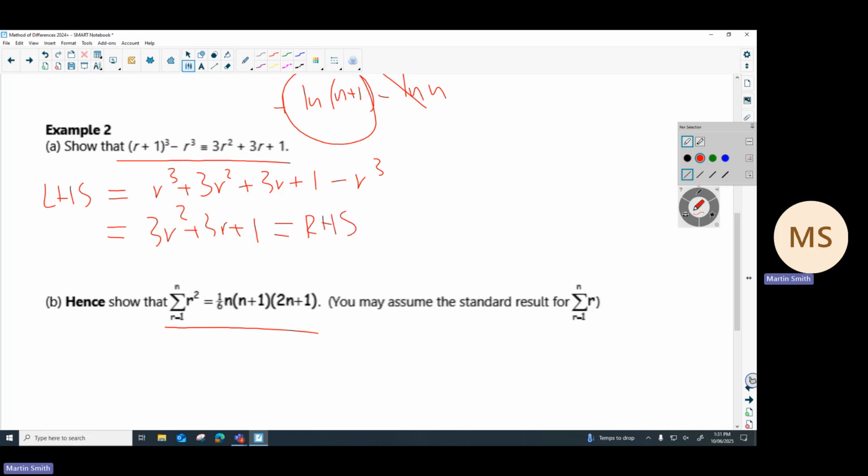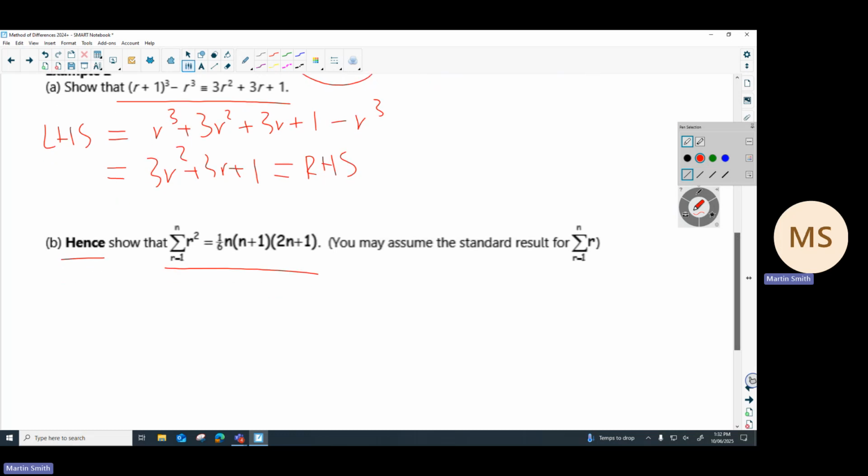Now what I'm going to do is, hence, using this, prove this formula for the sum from r = 1 to n of r squared. Now how I'm going to do that is the following. I have got an identity, two expressions which are the same. So the sum of the terms generated by the left-hand side must be equal to the sum of the terms generated by the right-hand side.